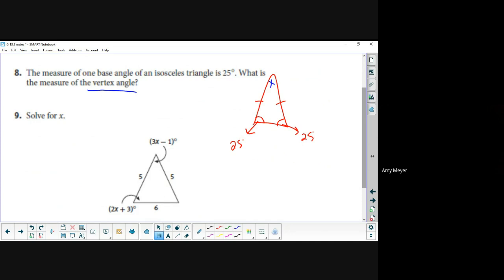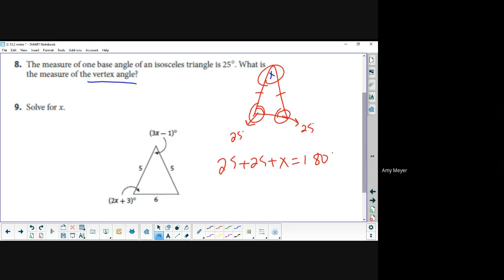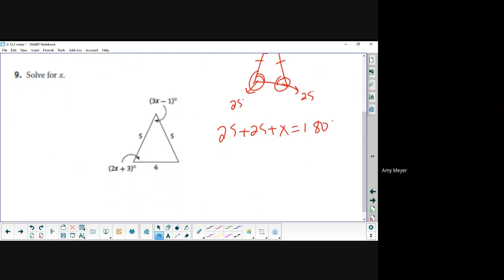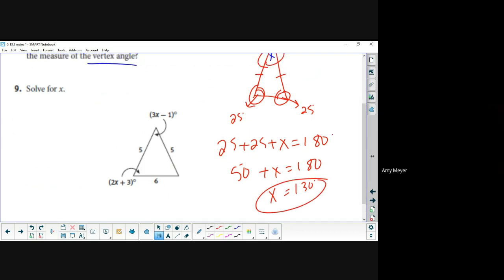The triangle sum theorem says all three angles add up to 180 degrees. This is another one where, if you drew a picture and then just put 130, I would accept that without other work.